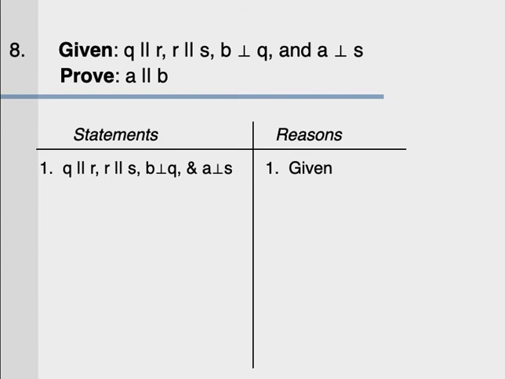Look at just the first two facts and figure out how you can combine them to make a new conclusion. What reason did you use? Excellent work. Now look at your current conclusion and your third fact, B is perpendicular to line Q. What conclusion can you make from that?